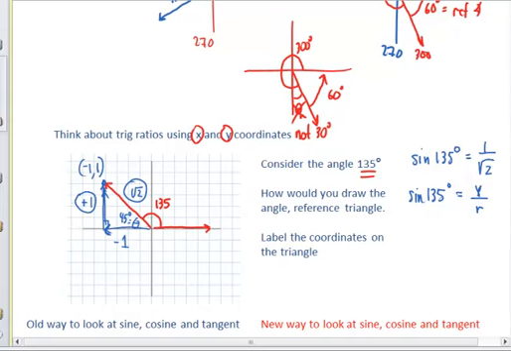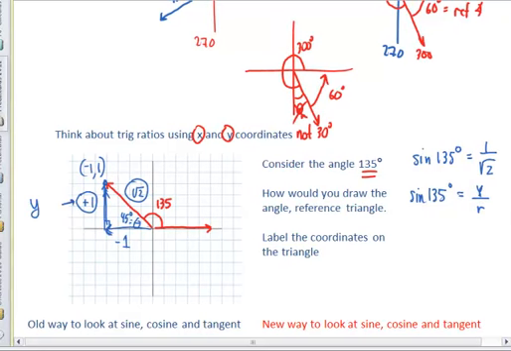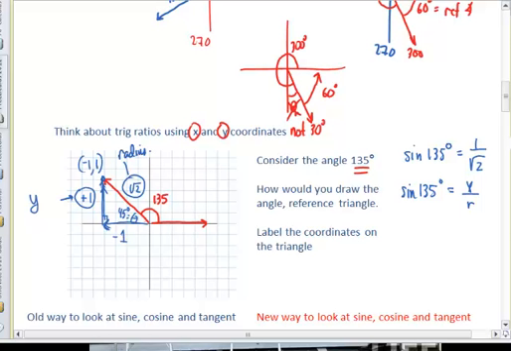And I hope you notice that this is the y-coordinate and this is the radius of the circle that this terminal side would make as it goes around the circle 360 degrees.